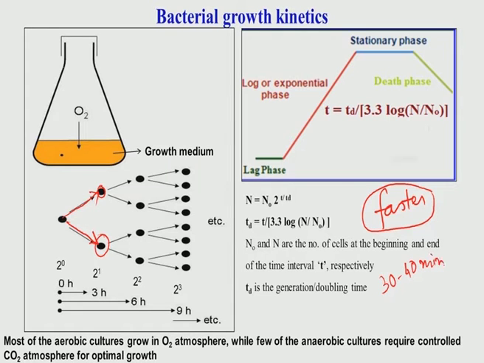You remember in the module before last I mentioned that the typical doubling time for eukaryotic cells is a few hours, with human cells mostly 11 to 12 hours. In the case of bacteria this is half an hour, so less than 1 hour is the typical doubling time for bacteria.